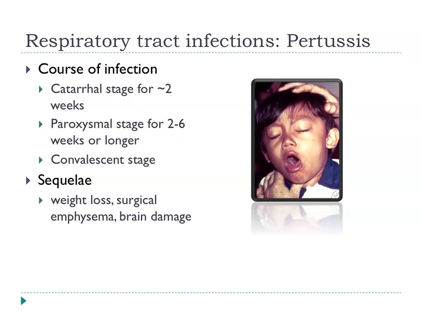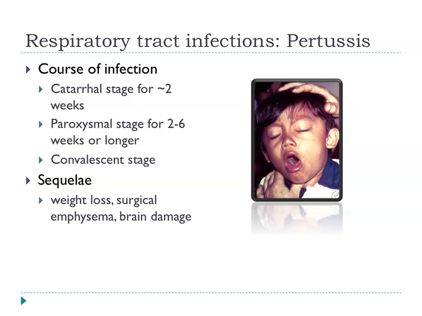And then it progresses to something much more horrible, the paroxysmal stage, which will go on for 2 to 6 weeks, or sometimes even longer, where you have this horrible racking cough, paroxysms of this cough, which can really be very distressing both for the patient and for those caring for them. And then there's a long convalescent stage where the patient is exhausted from having suffered the infection and takes quite a long time, months perhaps, before they get back to full strength again.